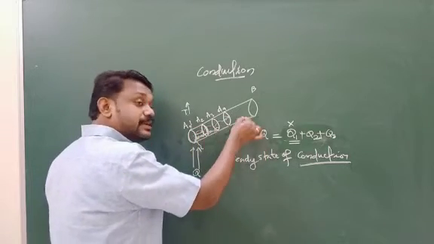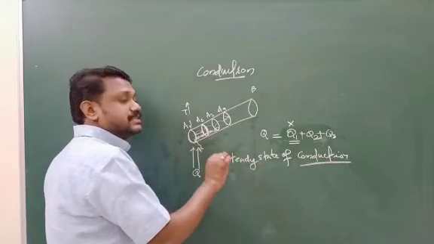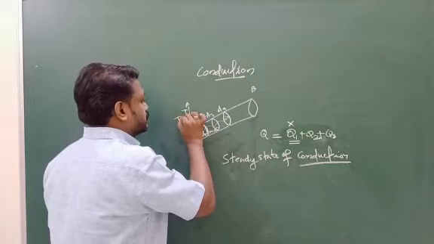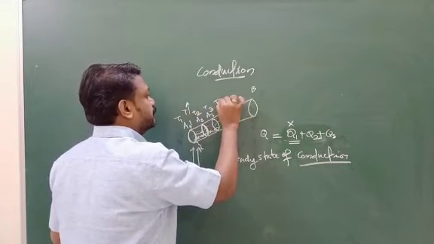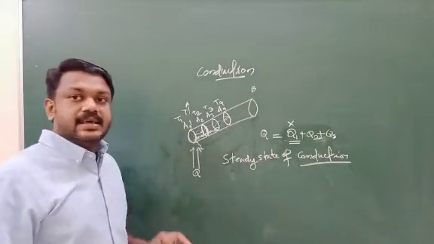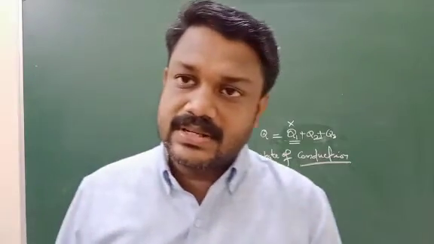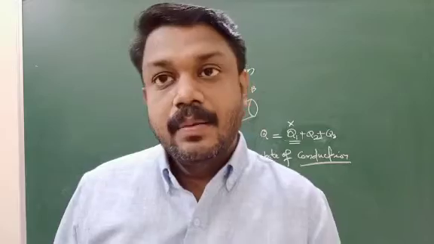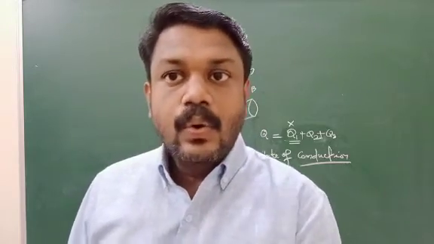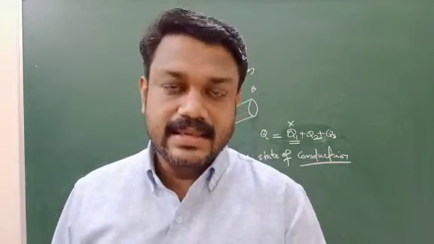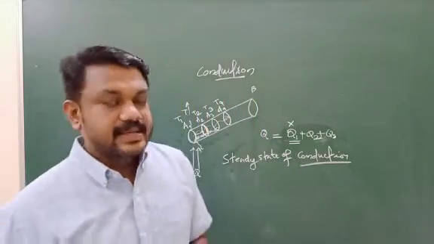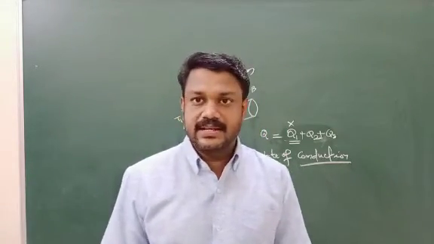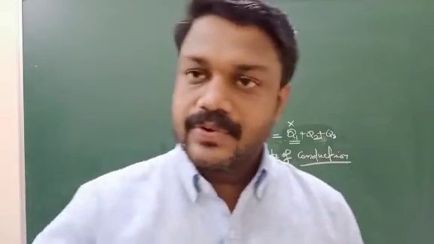They are at different temperatures, but the temperatures remain constant. That means A1 is kept at temperature T1, A2 at T2, A3 at T3, and A4 at T4. The temperature of each cross-sectional area remains constant, but not all are at the same temperature. That is known as the steady state of conduction.